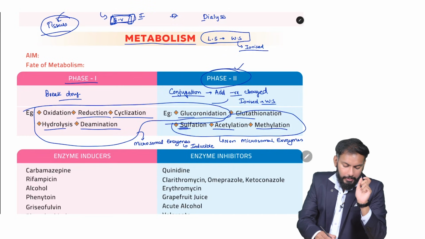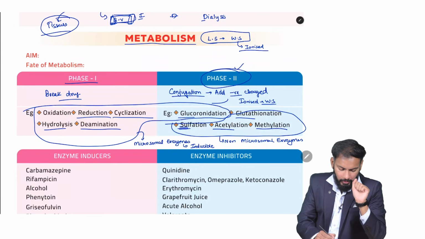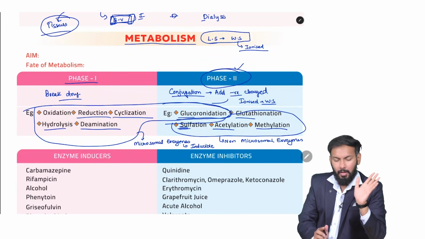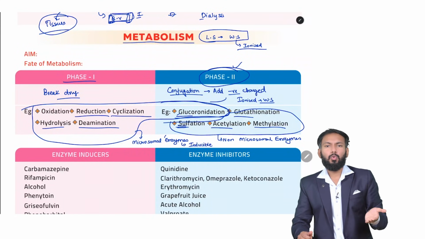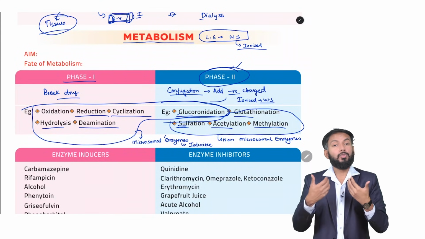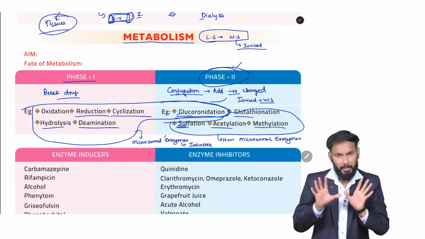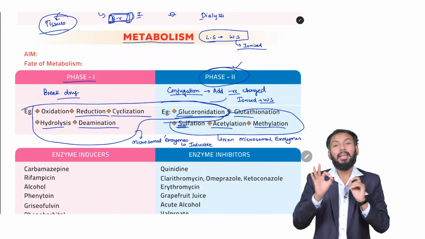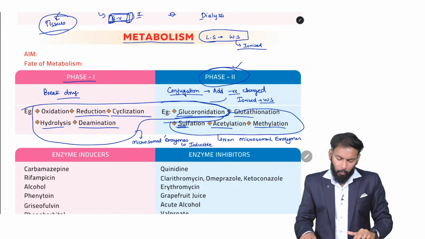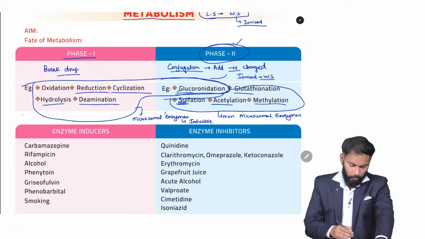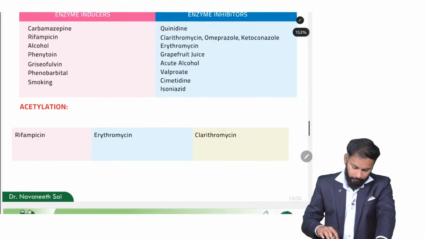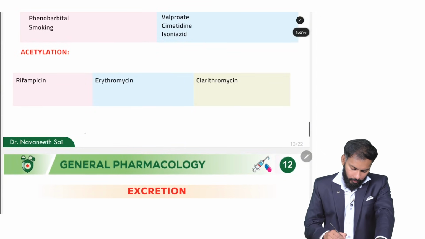Yes. Phase 2, you see here glucuronidation. Glucuronidation is the most common reaction. So I am seeing microsomal enzymes are doing this glucuronidation. So almost all the reactions of almost all the drugs are happening via microsomal enzymes. Microsomal enzymes are inducible. Now what do you mean by inducible? Let us suppose, we'll write it here.